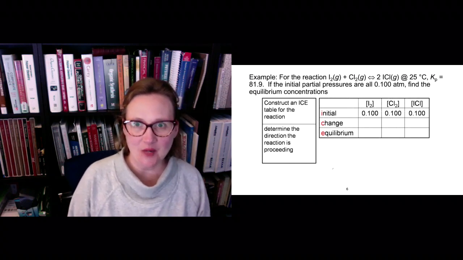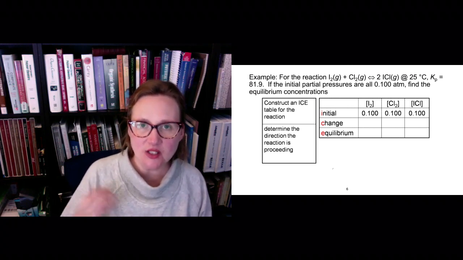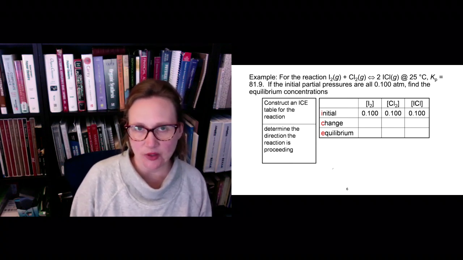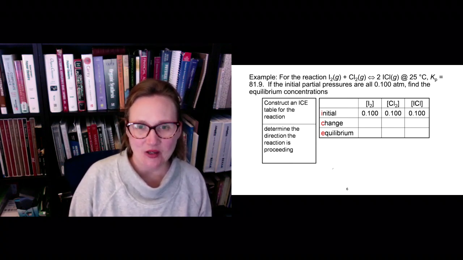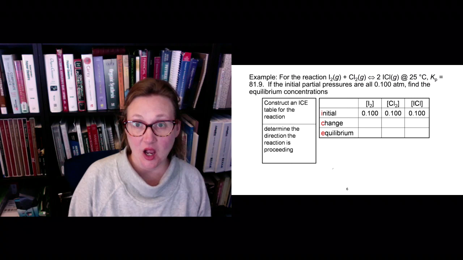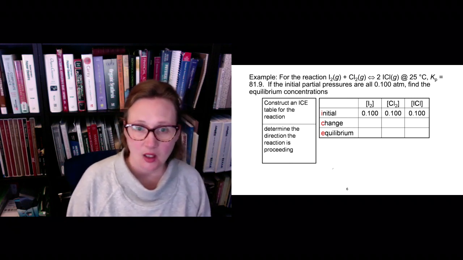Okay, so we're going to set up our ICE table. Remember, our ICE table is really just a way to keep us organized when we're doing these equilibrium concentrations. So we define what we have initially, and so we're given the pressures of iodine and chlorine, and of course in the beginning we have no product.